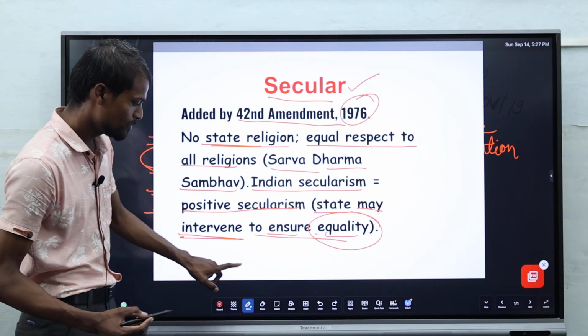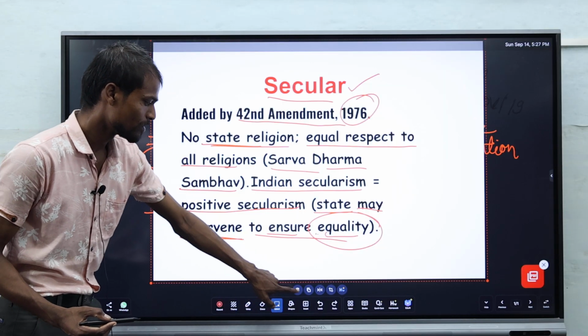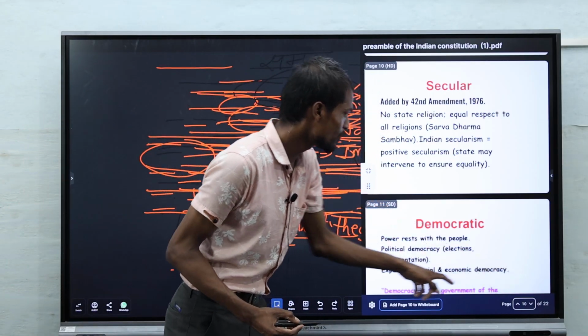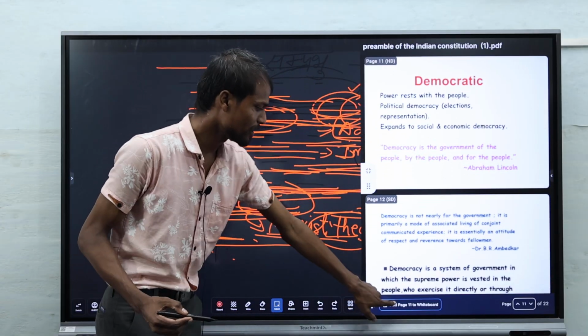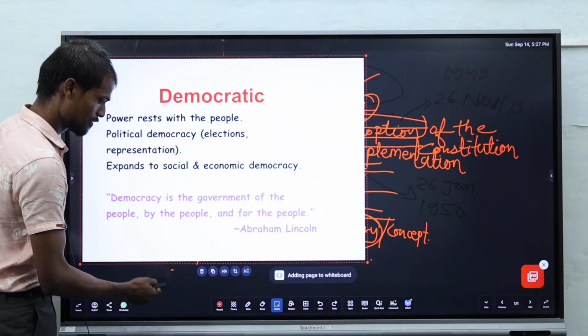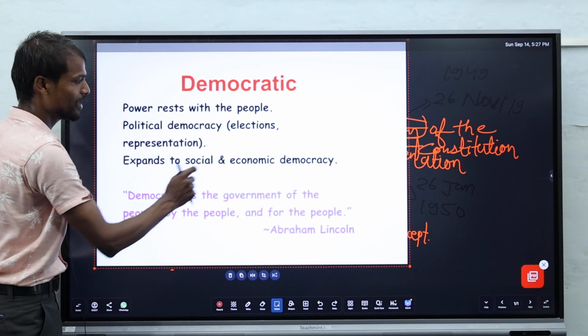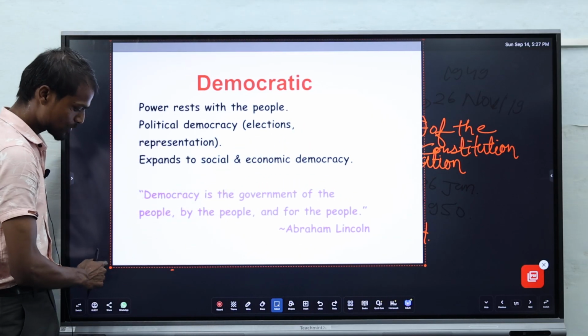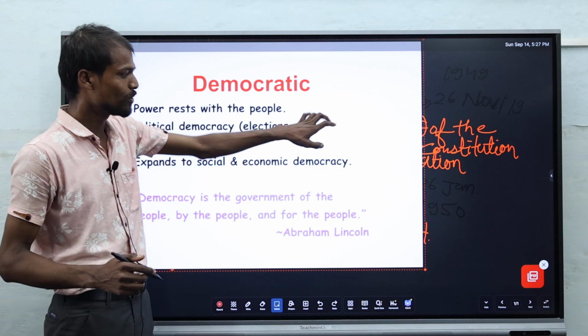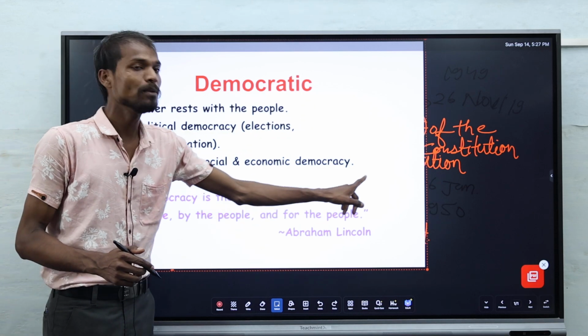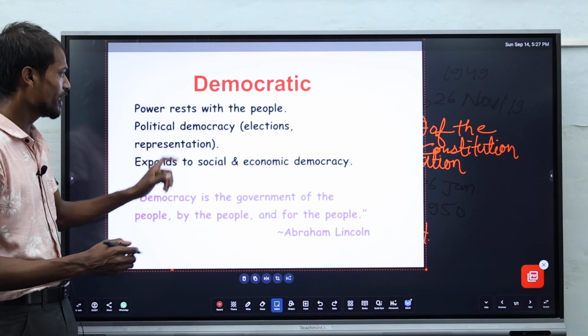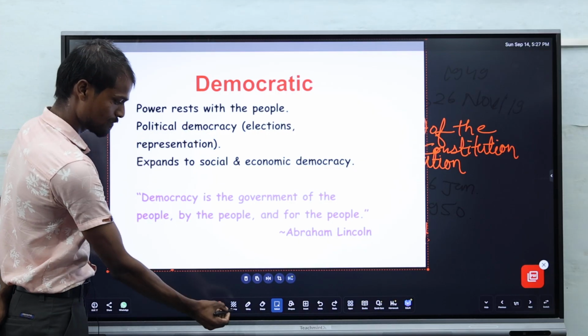Now after secular we have democratic. The term is associated with democracy. In democracy, the people have the power.